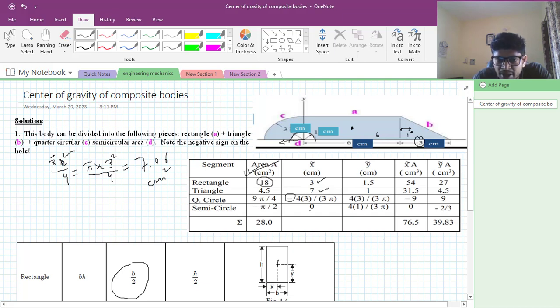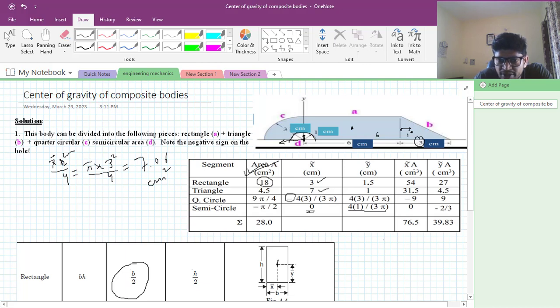Okay, and for semicircle it is 0. Why? Because the center of gravity of the semicircle is somewhat here, and the origin is here. So x value is 0, y value is 4r by 3 pi because it is somewhat above this origin, but x value is 0 because it is the center of the gravity.